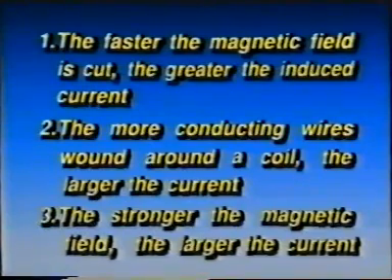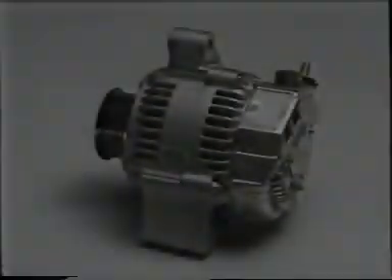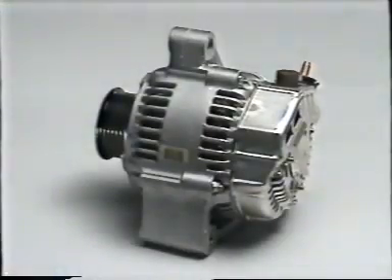Now, we'll look at the alternator that is actually used in a car. We will explain how the most widely used type of alternator works. That is, one equipped with an IC regulator.